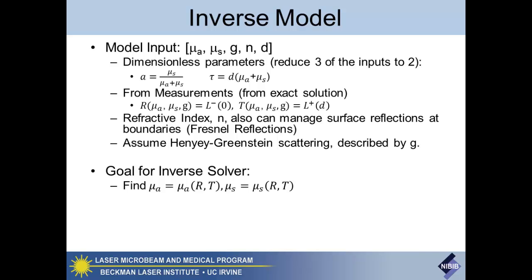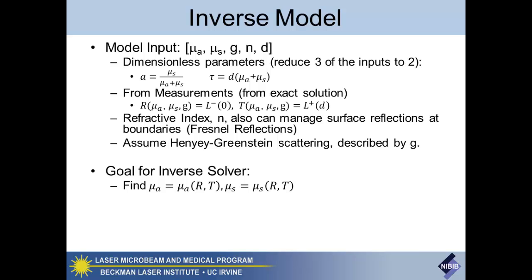And you have measurements that you can generate from an exact solution that would describe your reflectance and transmittance in terms of your positive and negative radiance on the boundaries of your slab. Knowing the index of refraction, you can manage surface reflections at the boundaries.